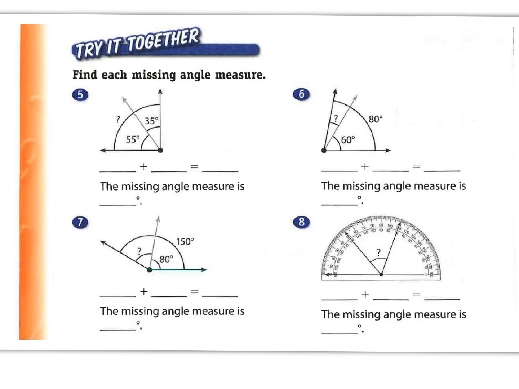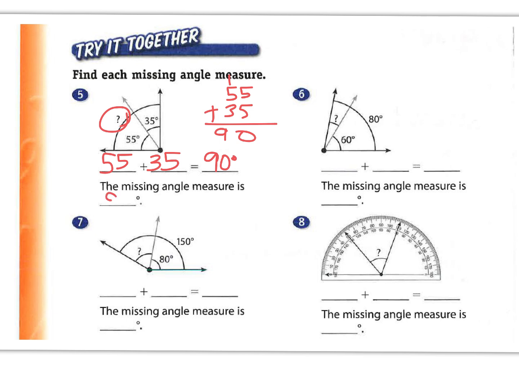It says find the missing angle measure. Well, this is the big angle. So here we would do 55 plus 35. 55 plus 35, 10, carry the 1, 1, 6, 7, 8, 9, 90 degrees.